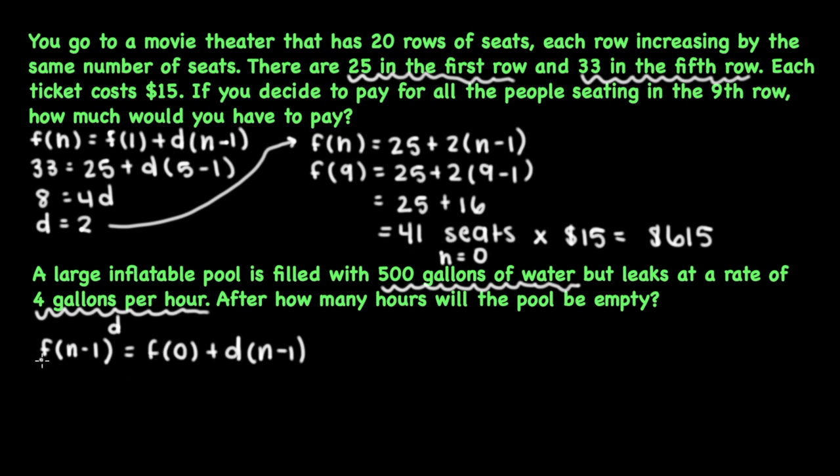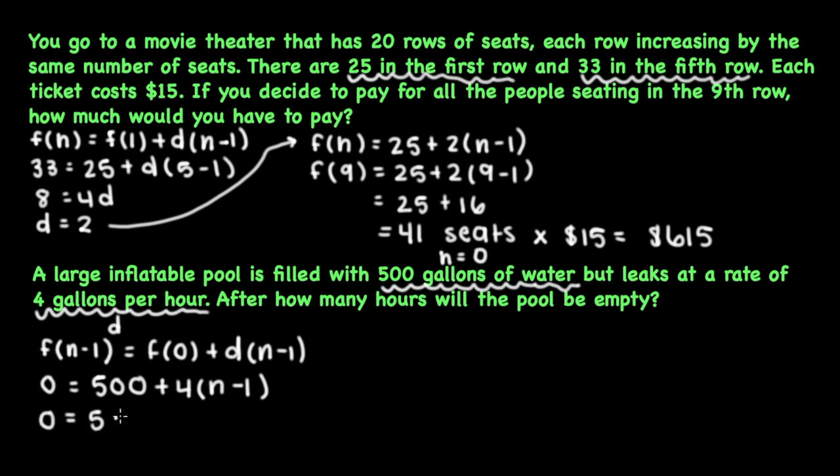Now we can simply plug in 0 for f of n minus 1, which is what we're trying to find, plus f of 0, which is 500, plus d, which is 4, and we're solving for n.